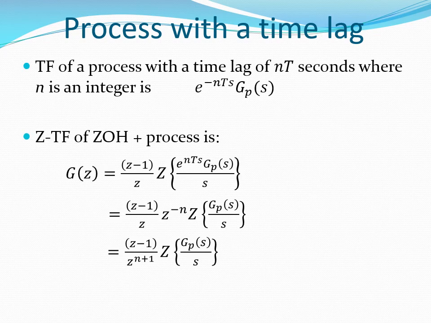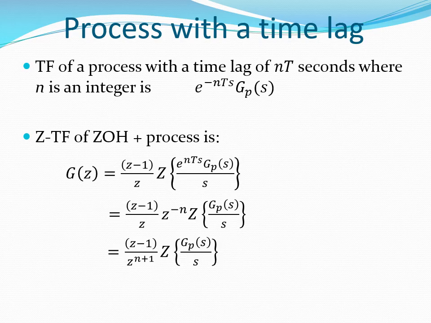The TF of a process G(s) with a time lag of nT seconds, where n is an integer, is expressed as e to the minus nTs times G(s). Let's apply the method for obtaining Z transfer functions from Laplace transfer functions to this case.